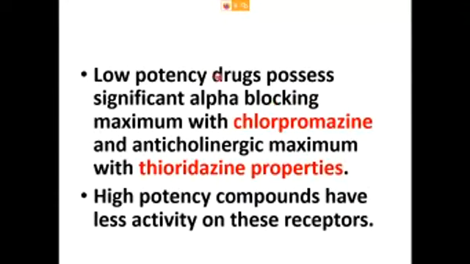I have told you that low potency drugs can cause anticholinergic side effects and alpha blocking effects. The alpha blocking effect, postural hypotension, is maximum with chlorpromazine. The anticholinergic side effects are more common with thioridazine. High potency drugs have very little activity on these receptors.